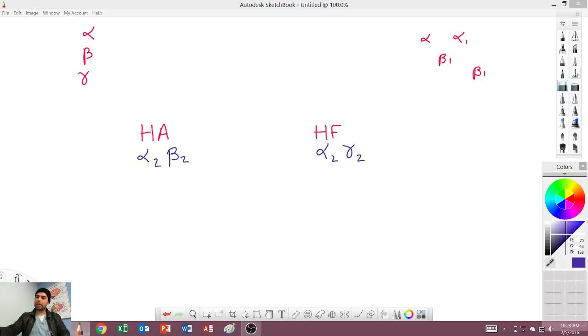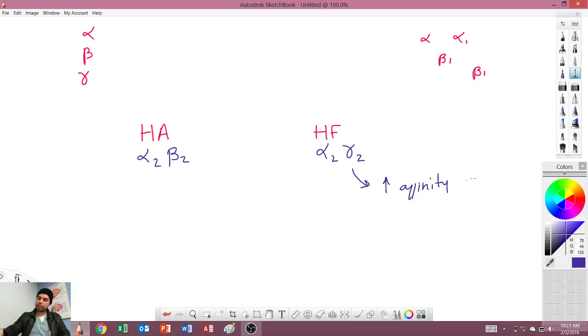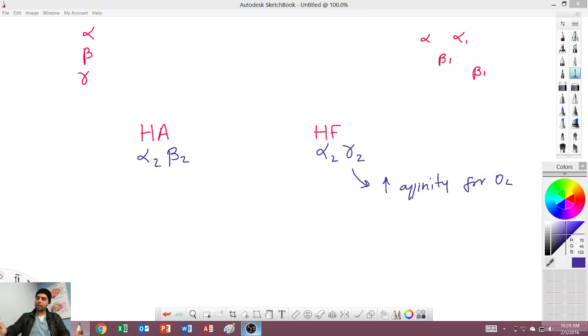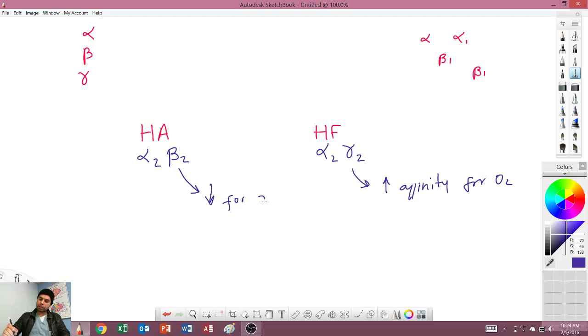Beta and gamma. Gamma has a much higher affinity for oxygen. It loves to store oxygen. Beta has a lower affinity for oxygen.